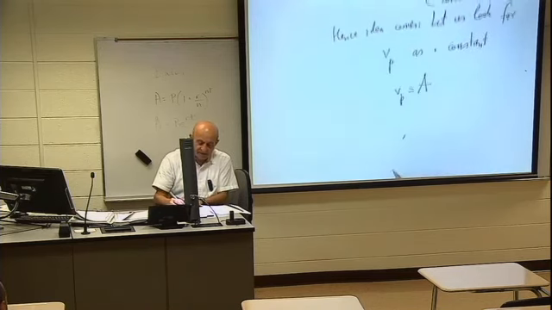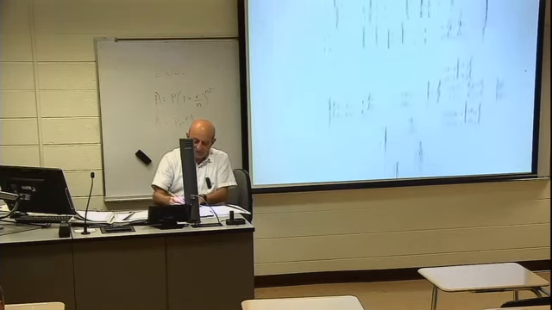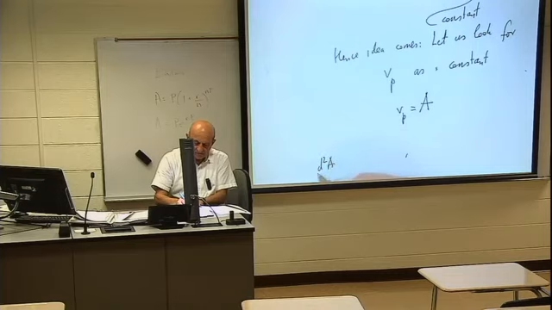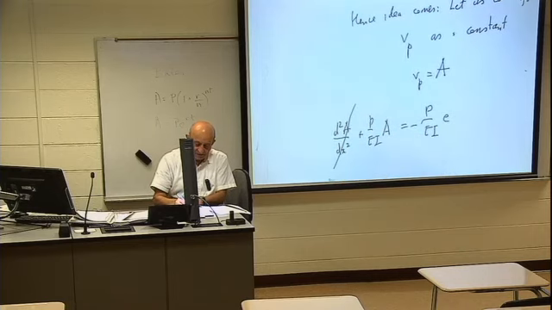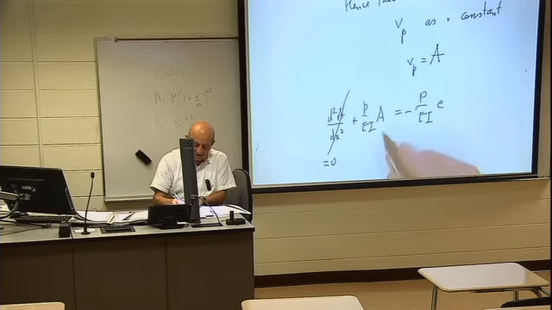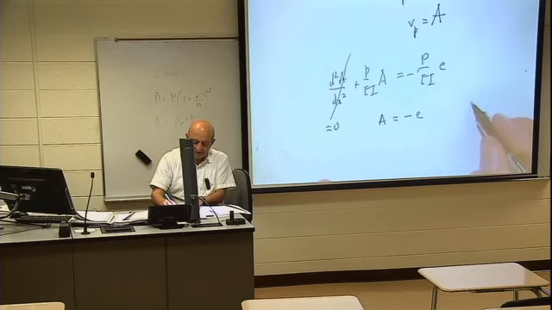Then I substitute this into here. Second derivative of a, d squared a over dx squared, plus p over EI a equals minus p over EI e. This is 0 because it's a constant. So from here I get a. A equals minus e, because that is this one and this one. Okay, so v particular then equals minus e.